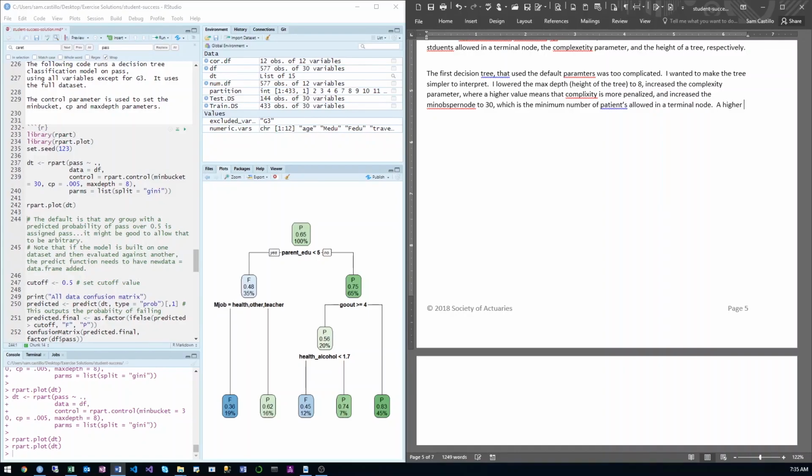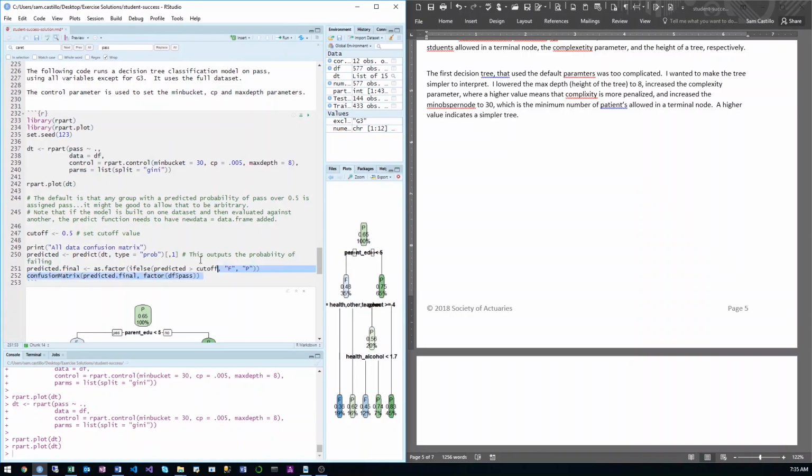A higher value indicates a simpler tree. Now they have you look at the cutoff and the predicted value and so forth.